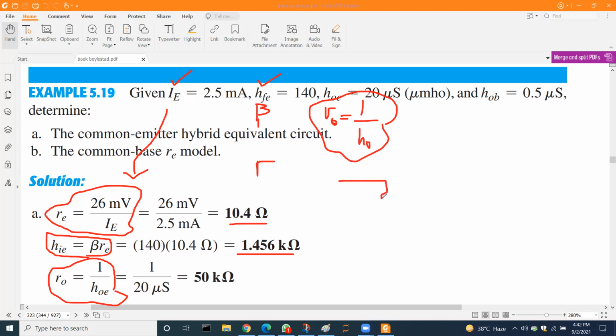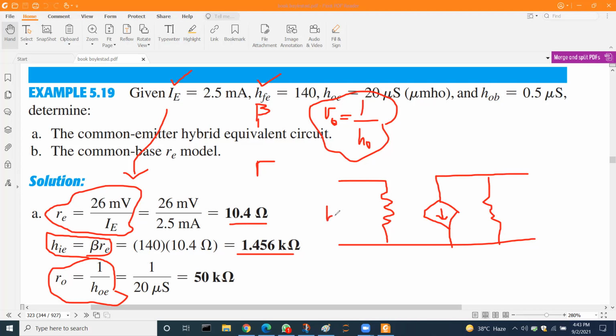We can just draw the circuit. So HI will come here. This HI is this value, and R out will come here. That R out is the 50 kilo ohms.